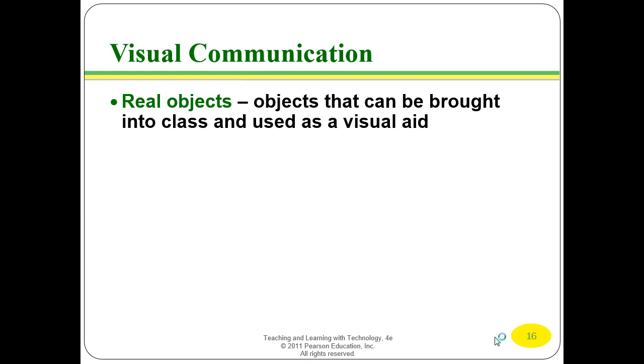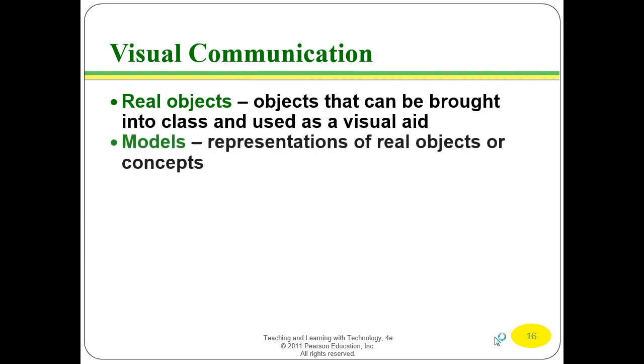We can have actual engines that a student can look at, touch, feel, put together, tear down. Sometimes we can do that. Sometimes we can't. But nevertheless, those are very, very powerful visual aids for us to use in our teaching.